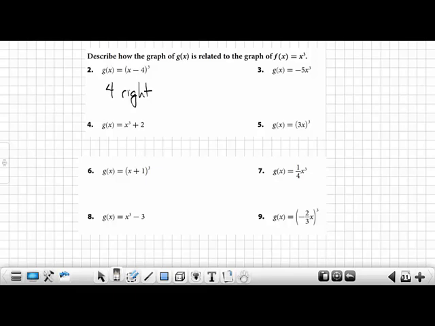Destiny. Yes, vertically reflected would work. The negative made it vertically reflected. What does the 5 do? Vertically stretched by 5. Good job, Raymond.